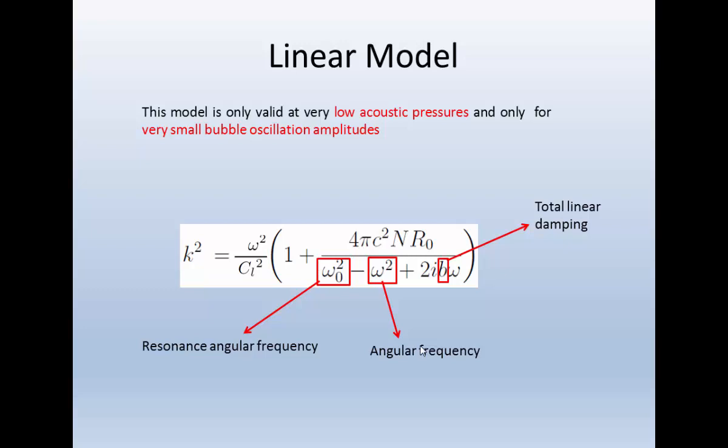So the wave number squared in the linear model depends on the number of the bubbles in the medium, the initial radius of the bubbles, the resonance angular frequency, the angular frequency of the transmitted wave, and also the total linear damping. And the damping that's used here is also linear.